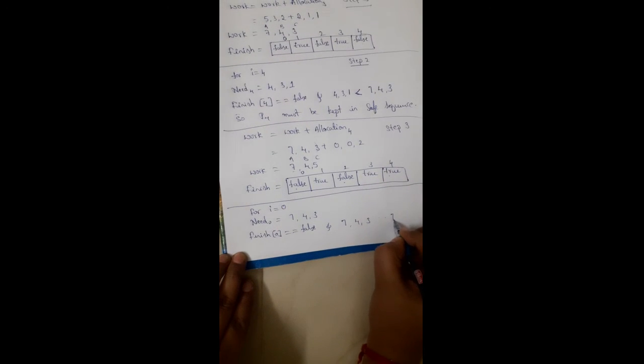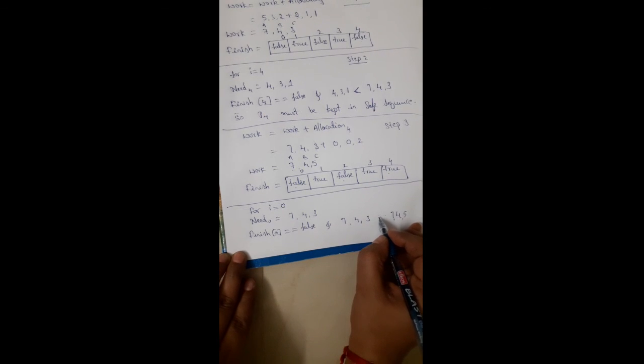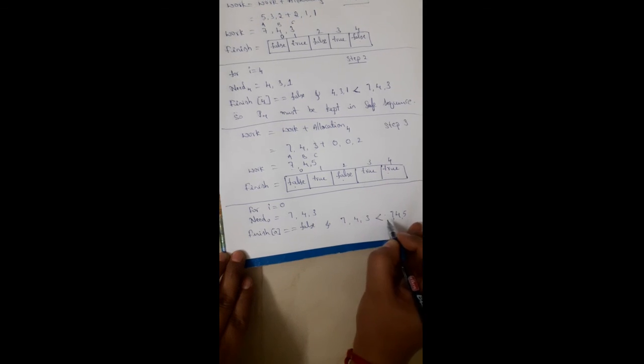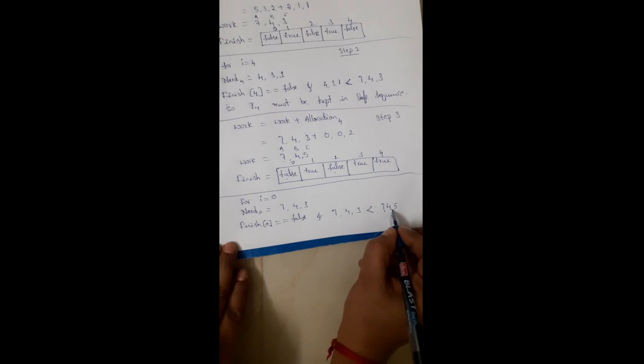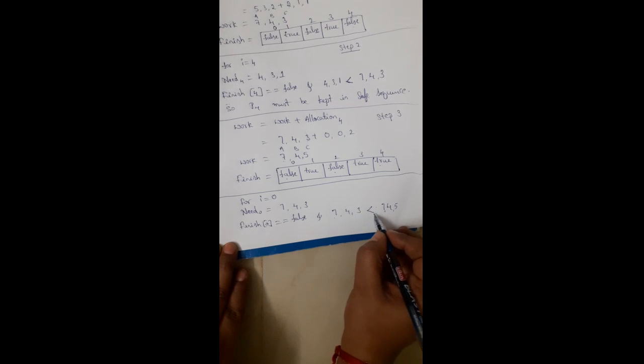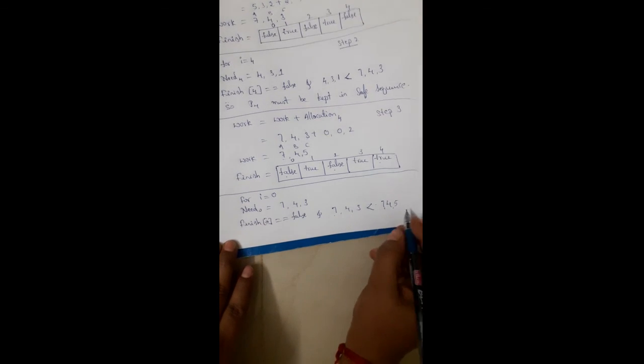745. That is 745, isn't it? So yes, it is 745. 743 is lesser than 745. So what you can see here, this is step 2.